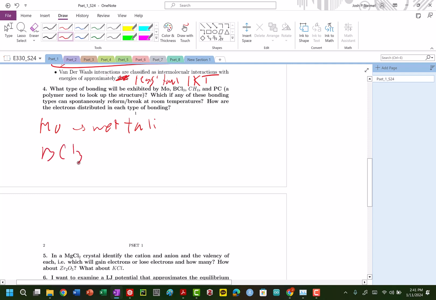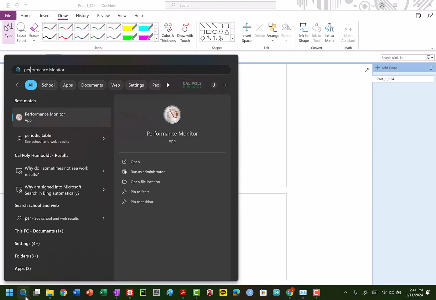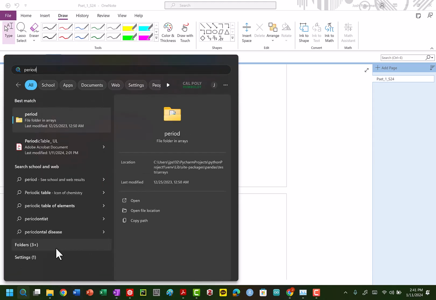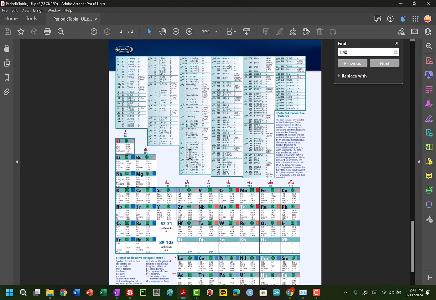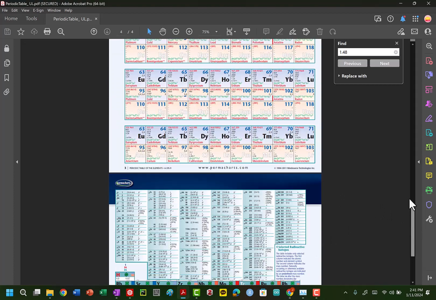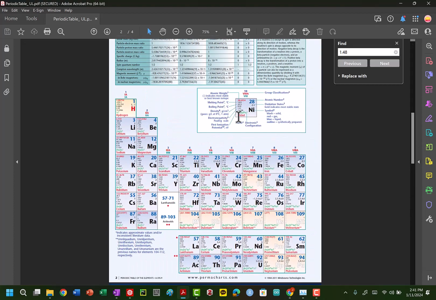Let's look at BCl3. I'm going to pull up our periodic table. We need to look at electronegativities. It's the second number there.